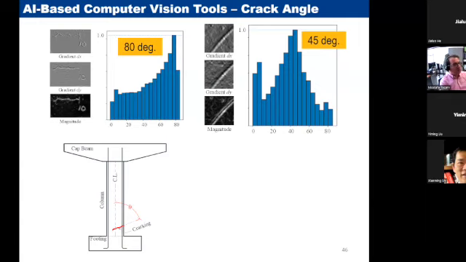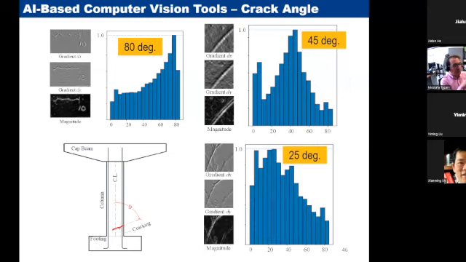So just upload the picture, and it will tell you the angle of that crack. Here is another, steeper one, 25 degrees, and we see the same thing as well. So we are happy with this histogram of the crack, and we use this tool in our damage state.